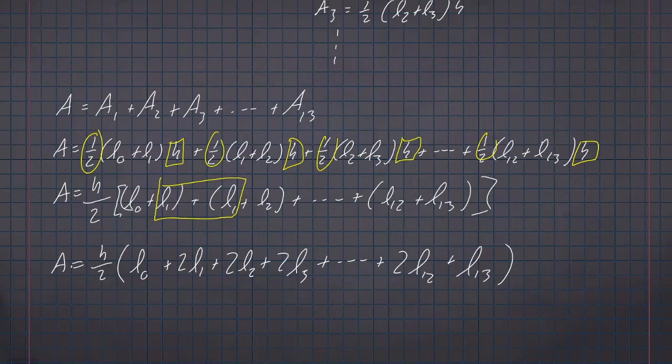So this is the trapezoid formula for our particular use case where we were able to divide the lake using 13, well, 14 vertical lines, dividing it into 13 regions.